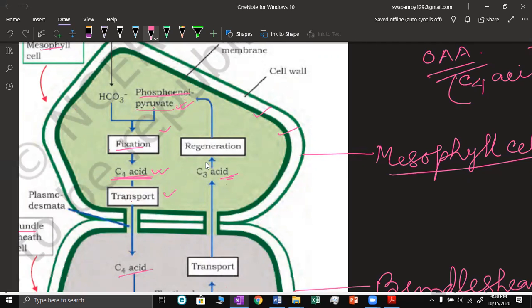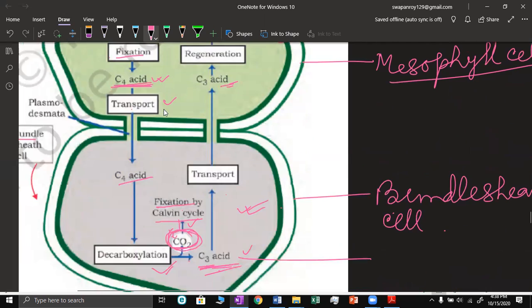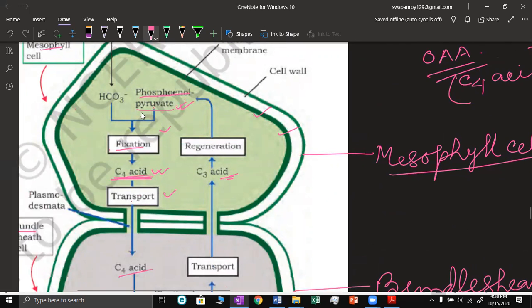So what is happening? This phosphoenol pyruvic acid absorbs the carbon dioxide in presence of the enzyme. Remember the PEP case.